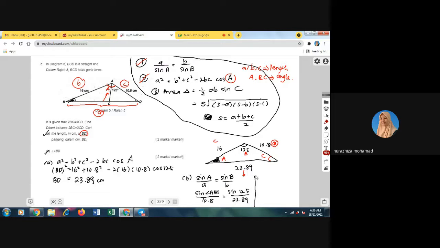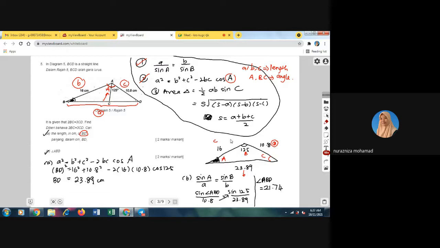Okay, so now the angle of ABD, you just cross multiply, press sine 125, divide by 23.89, and then multiply by 10.8, then shift sine, answer. So the angle is 21.74.